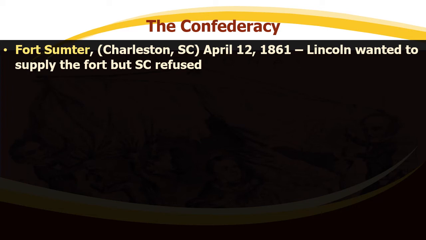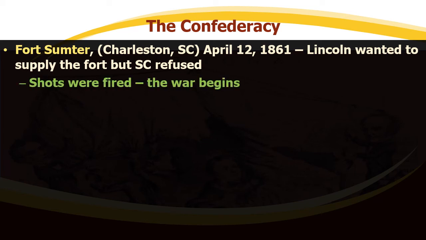Of course, if you are trying to rebel and create your own country, you don't want in the middle of your own country a foreign power to own a fort, especially if they're potential enemies of yours. And so this situation resulted in finally a shooting match. South Carolina takes Fort Sumter, and now the war is on. So shots were fired, and the war begins.